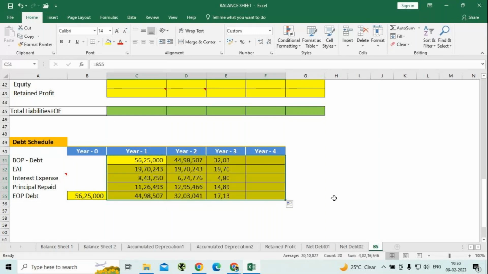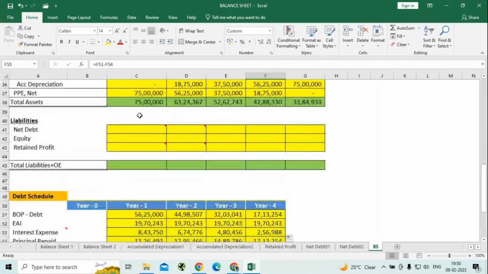We will come to know that at the end of the period it is zero. Now the net debt value is the end-of-period value, and this amount has to be carried to net debt on the liability side.